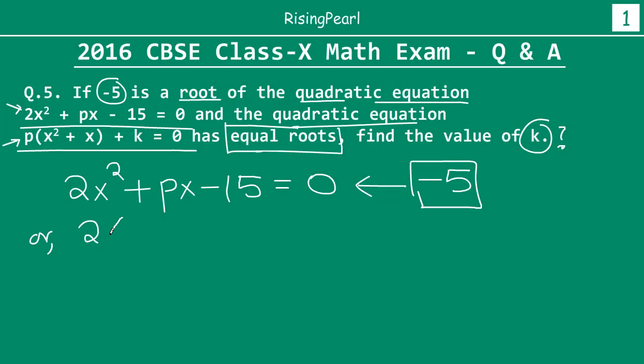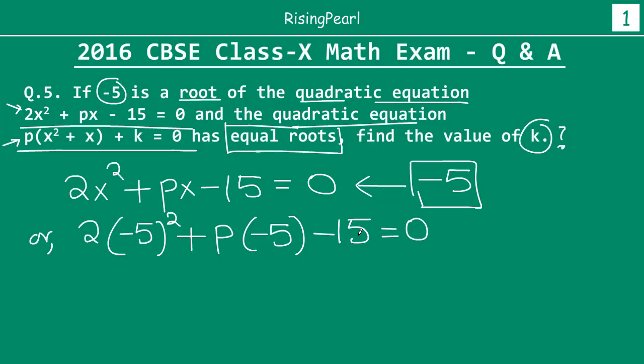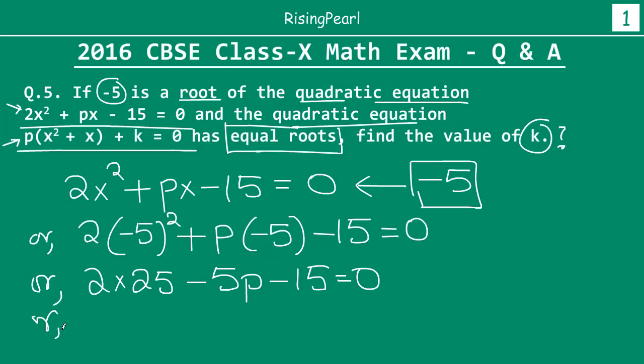So instead of x we are going to put minus 5. So 2 times (minus 5) whole squared, plus p times minus 5, minus 15. Now this is equal to 0. Or this will be 2 times minus 5 times minus 5 is 25, so 2 times 25, minus 5p, minus 15 equal to 0. Or we can say from here this will be 50.